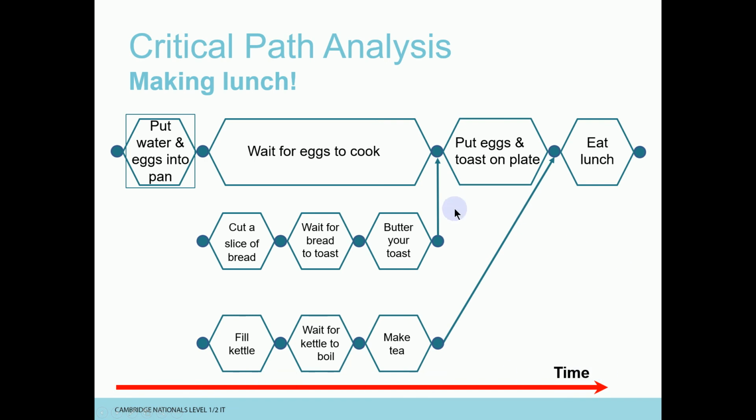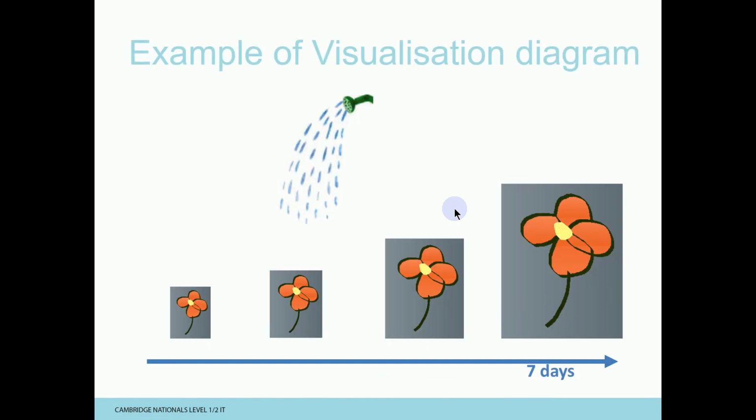So our next pre-production document is a visualization diagram. And a visualization diagram is designed to give you an idea of what's happening in terms of pictures. So here's an example of a flower being watered, and you can see over the course of 7 days it's going to grow from a small flower into a big flower.